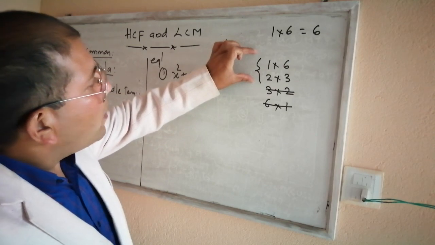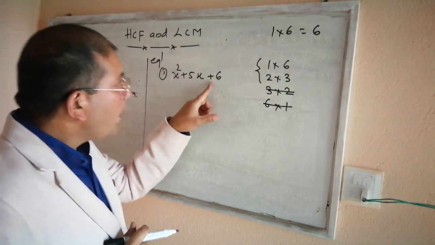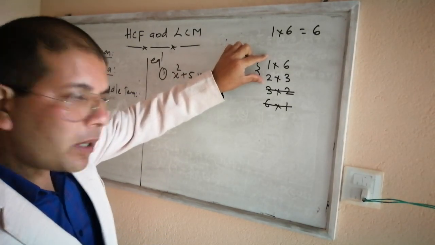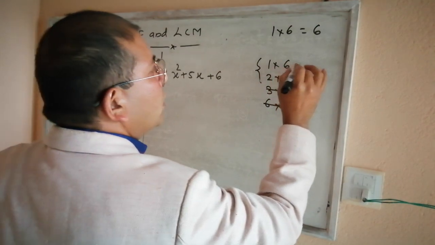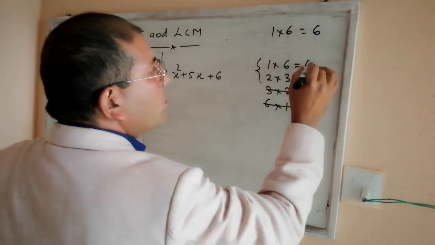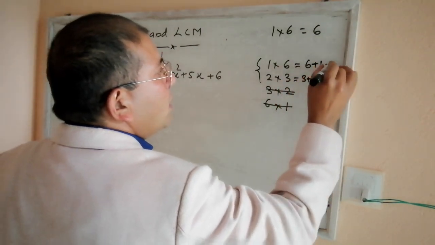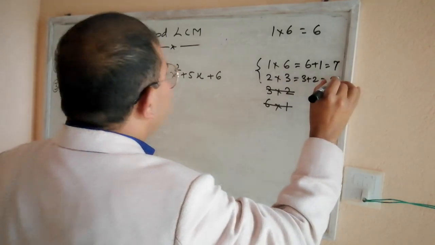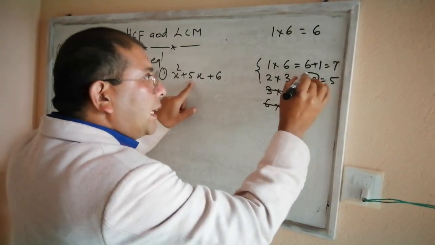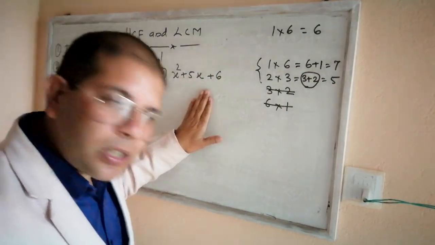And out of these 2 options, which sign is at the end? Here is a plus sign. Now use this plus sign in between these 2 numbers. Write the greater number first: 6 plus 1, and 3 plus 2. Now it is 7, it is 5. Now 5 is here, so this option is appropriate for this expression.